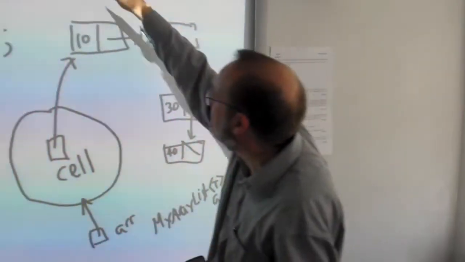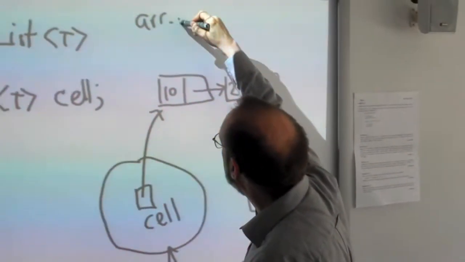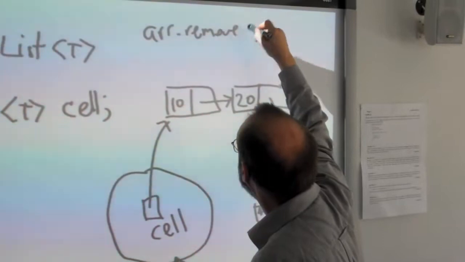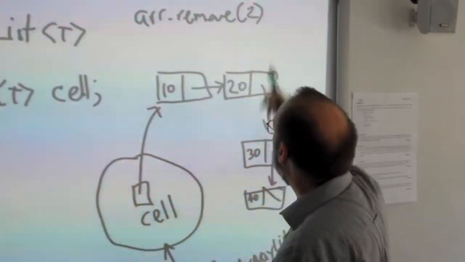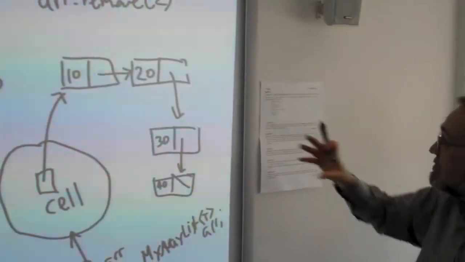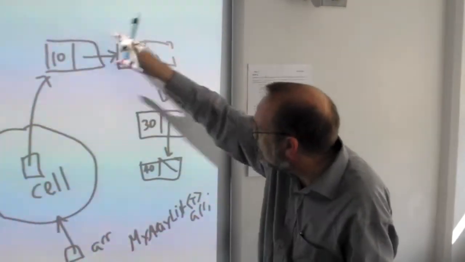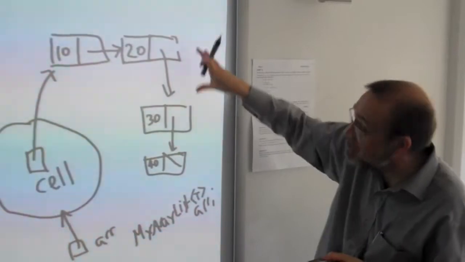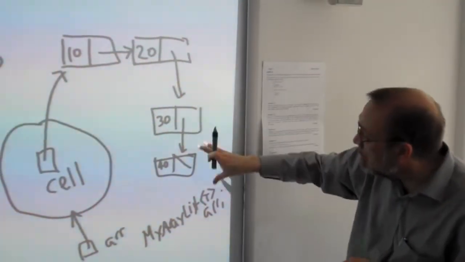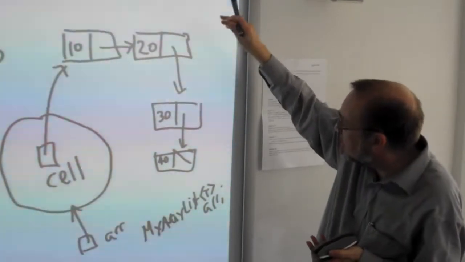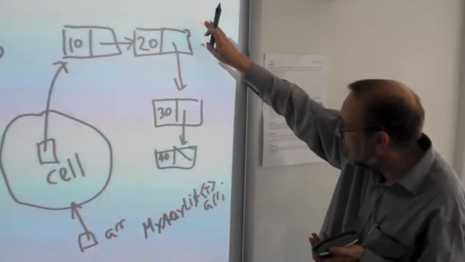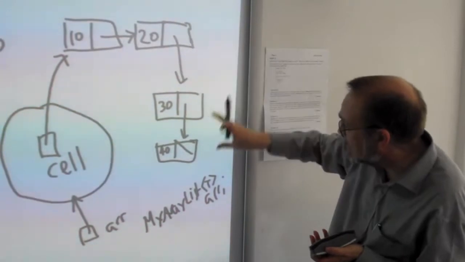Now, removing the object at position 2, 0, 1, 2, would be removing the 30. We're going to generalise from this to a general example. As we saw in the notes, we're having a pointer to the cell before, and then doing a next, shifting that pointer to the next and cutting out that link.